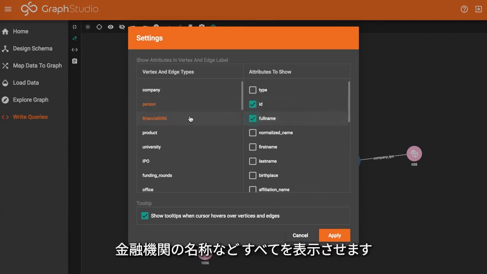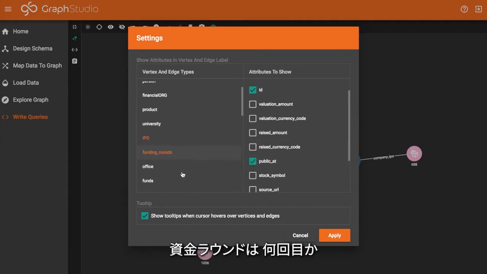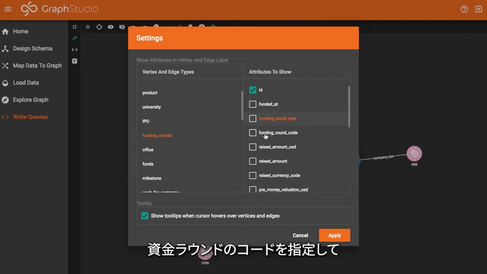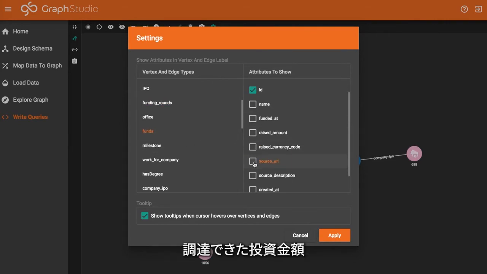And for the financial organization, we want to see all of their names. And for the IPO, we want to know when it occurred. And for the funding round, we want to see which round it was. What is its funding round code? And finally, how much money was raised.